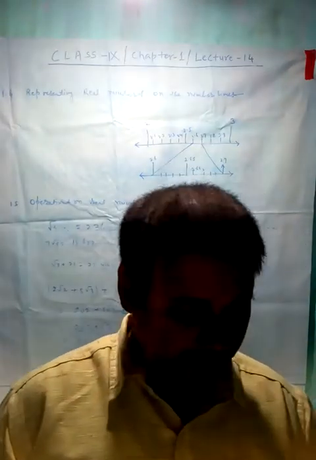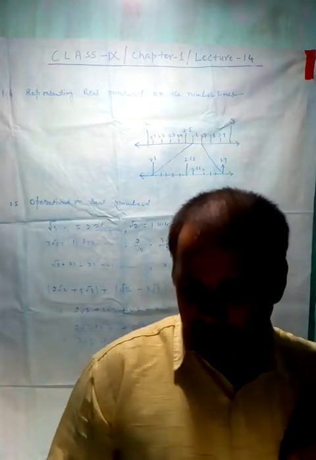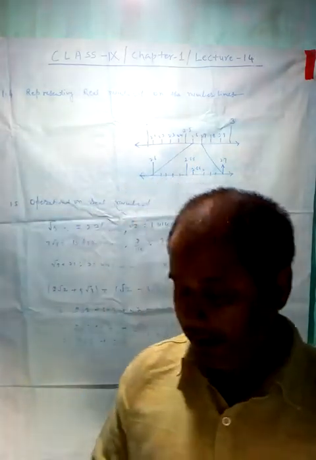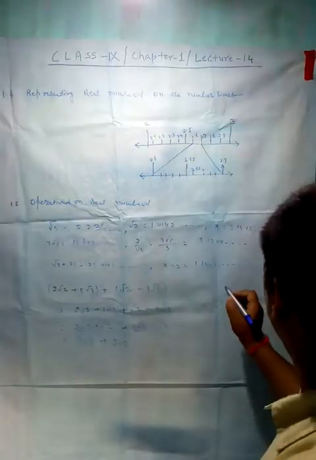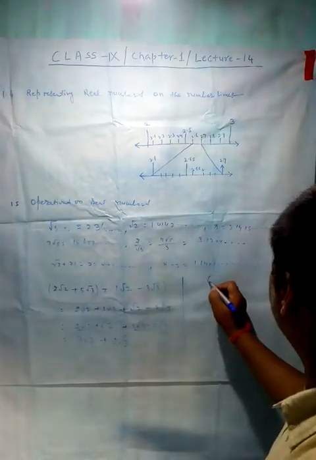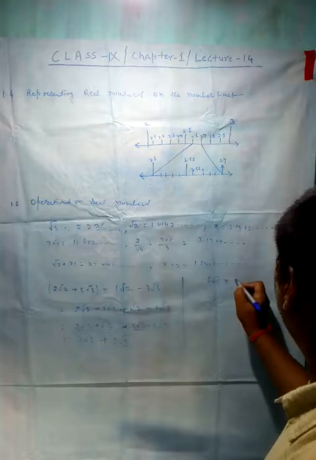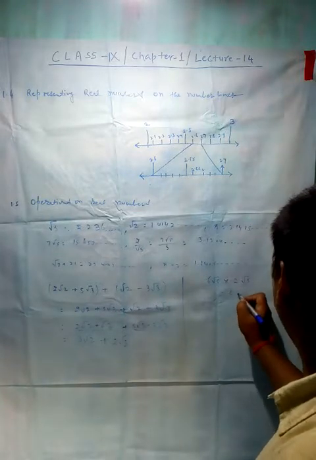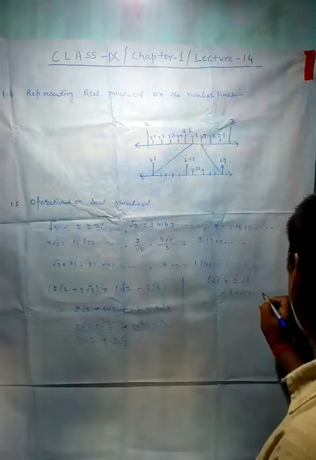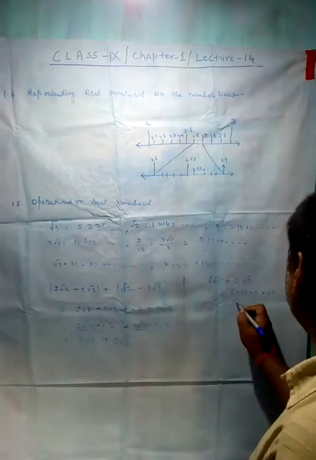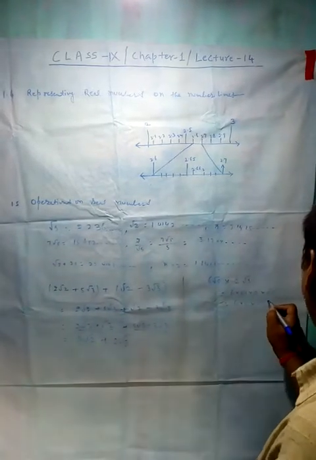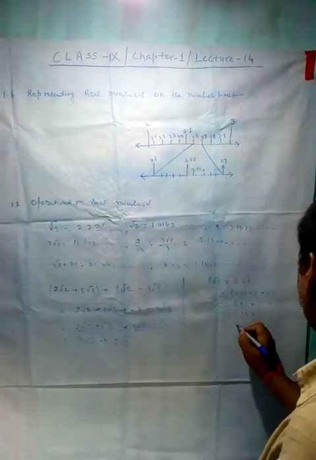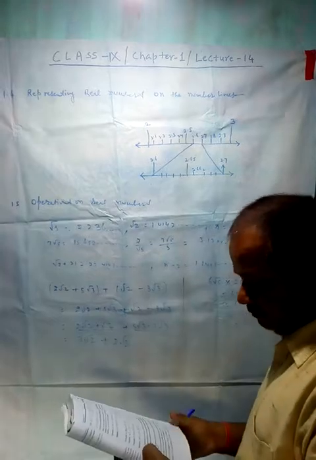Example number 14. Multiply 6 root 5 by 2 root 5. 6 root 5 into 2 root 5, that is 6 into root 5 into 2 into root 5, that is 6 into 2 into root 5 into root 5, that is 12 into 5, that is 60.